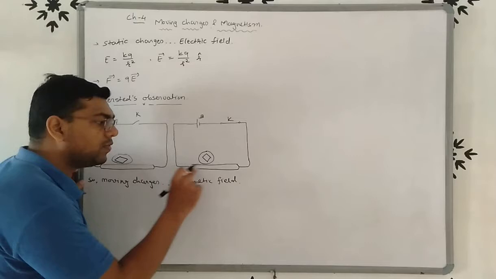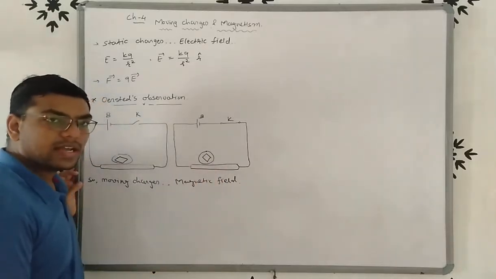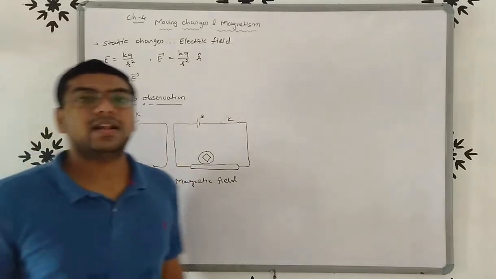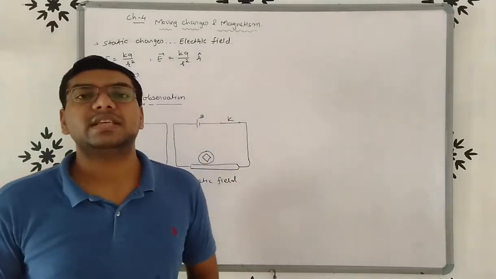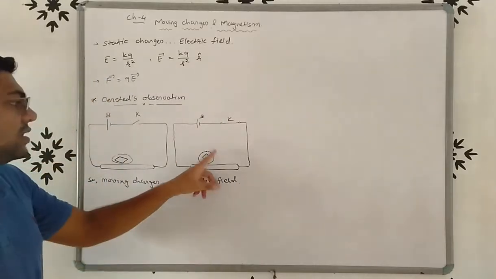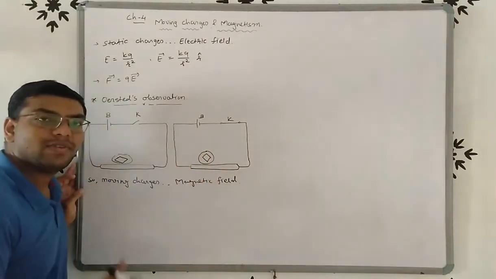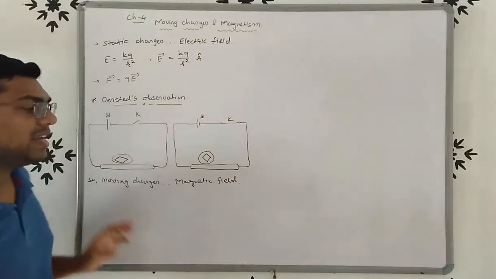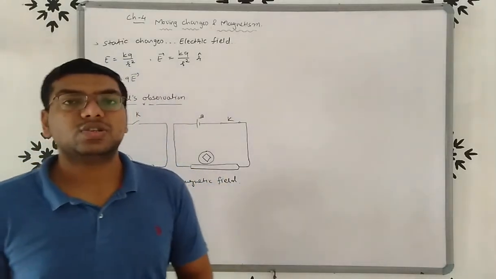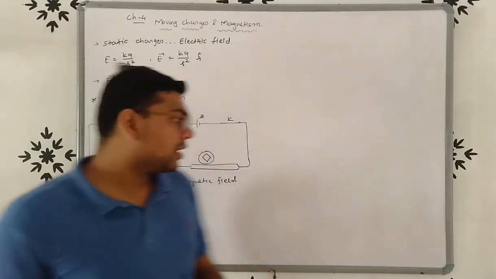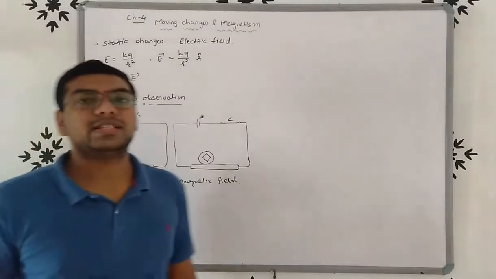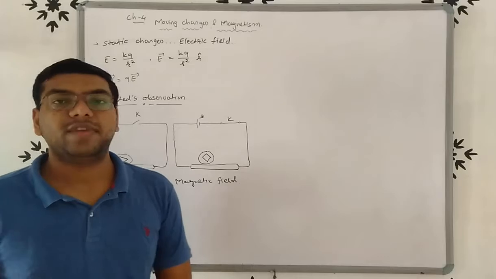As the current flows through the conducting wire, there will be a deflection in this magnetic needle. So from this he proved that due to this deflection, a magnetic field will be there. So we proved that moving charges produce magnetic field, right? So this is Oersted's observation about moving charges, and he concluded that moving charges produce the magnetic field, right?